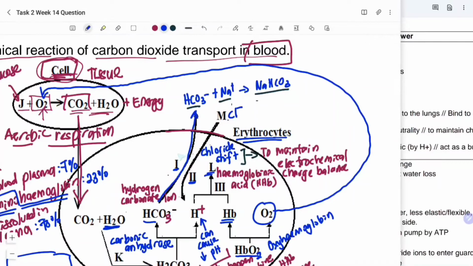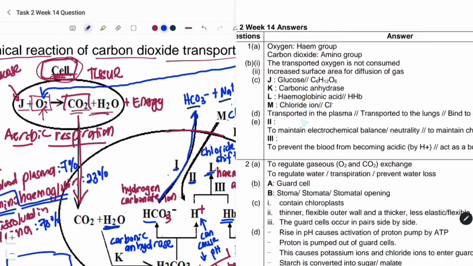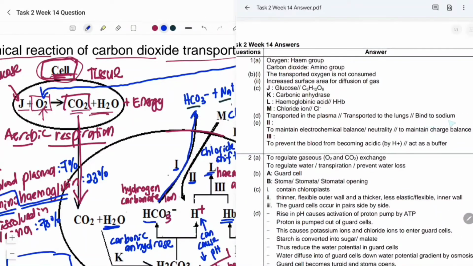Soalan tanya after, selepas dia, iaitu jawapannya adalah HCO3- will combine with sodium ion untuk form sodium hydrogen carbonate. So itu the first possible answer, iaitu bind with sodium ion and then to form sodium hydrogen carbonate.